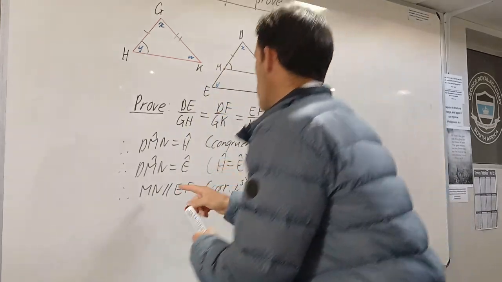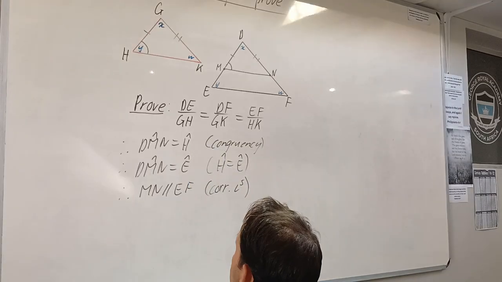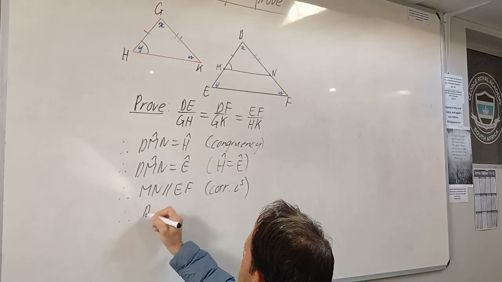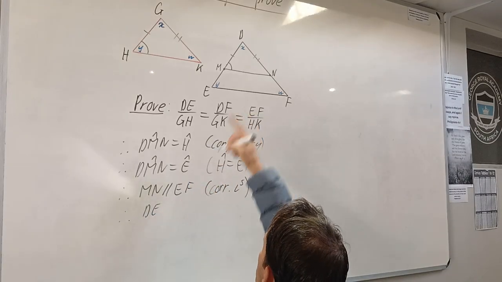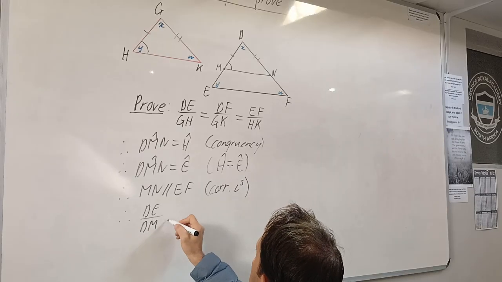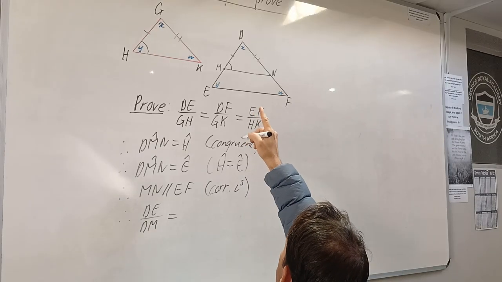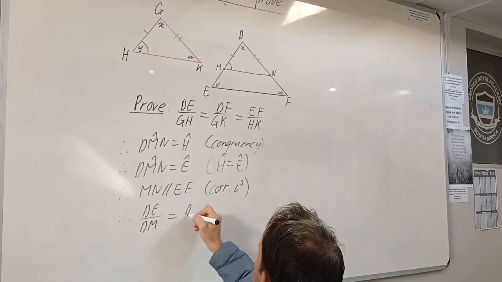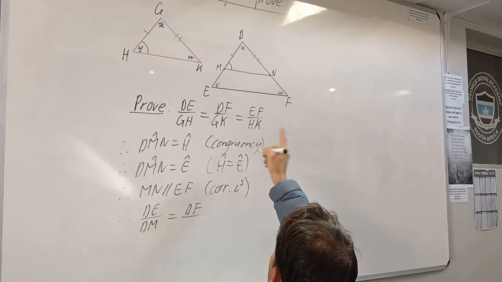We can say, because they are parallel, therefore DE over DM must be equal to DF over DM.